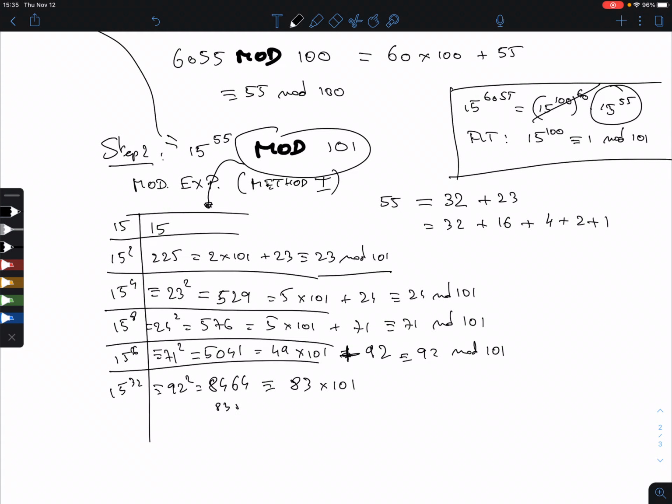So we subtract, what are we missing? 81. Okay, so this is 81 mod 101. I took very random numbers, and by doing random numbers, I didn't get nice numbers. I mean, they're all kind of chunky-ish, right?